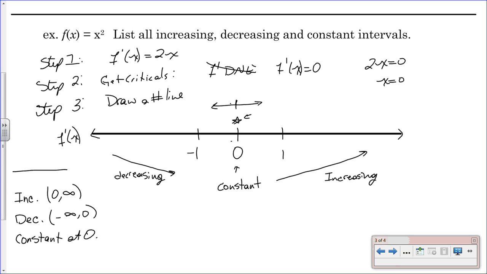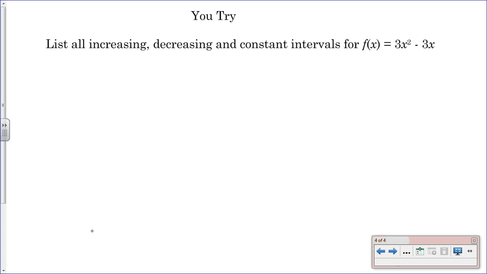So our intervals are increasing from 0 to infinity, decreasing from negative infinity to 0, and constant at 0. All right, now I want you to try. I want you to list, and that's actually the wrong function, I don't want you to use that one. Let me cross that one out. Sorry.